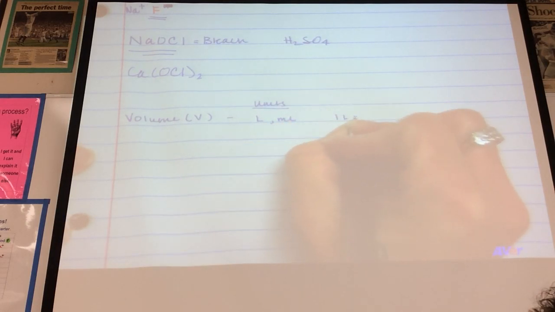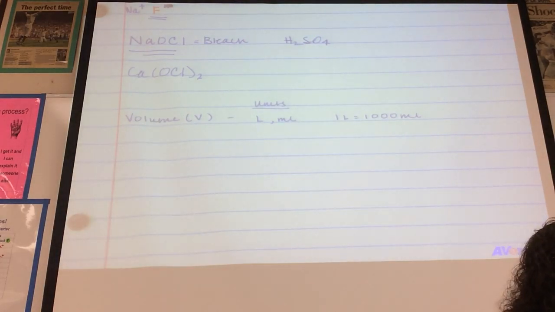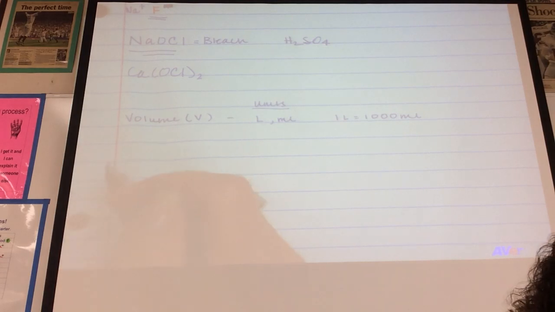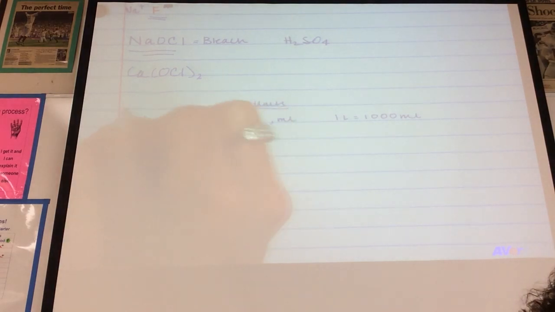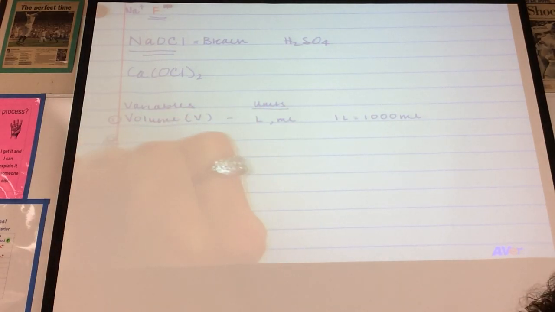Please note that 1 liter is equal to 1,000 milliliters. It is expected that you know that. It won't be provided. Most volume when you're talking about gases is essentially empty space, and again, that's one of the reasons they can be compressed.